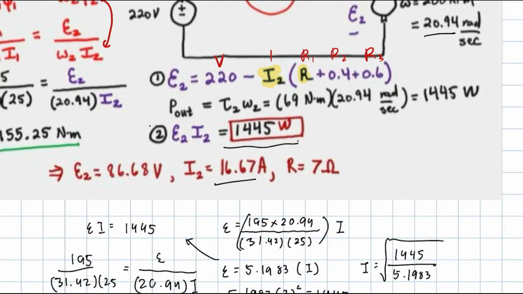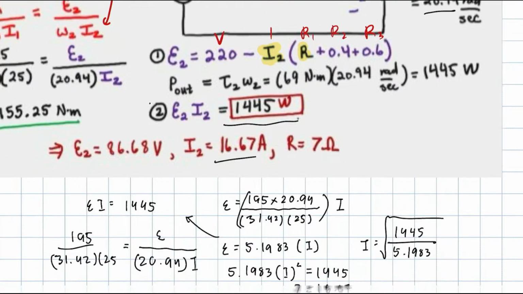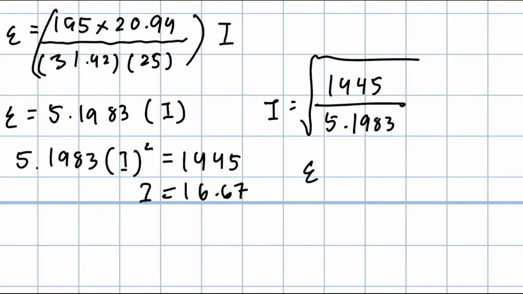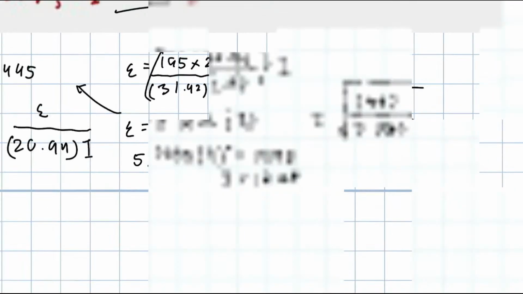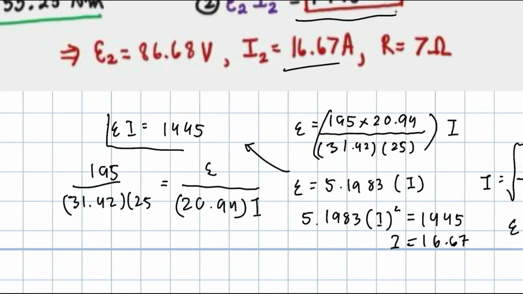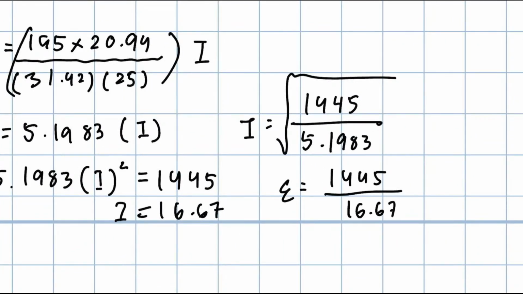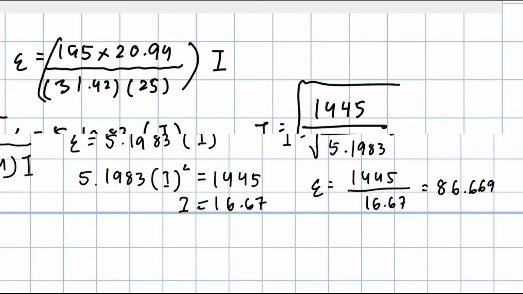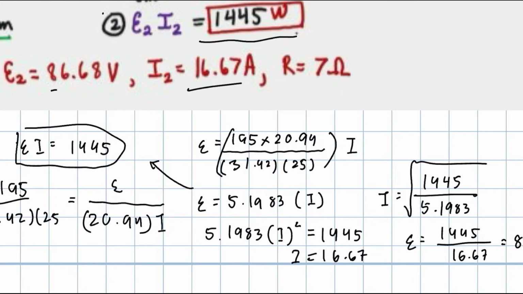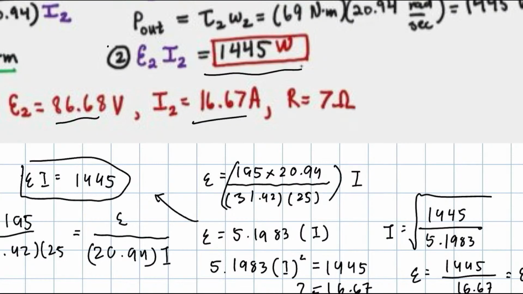So from there we can find E. Okay, E equals to 1445 over, using this equation here, over 16.67. E akan dapat 86.669. Dapat E. So dah tinggal R je.